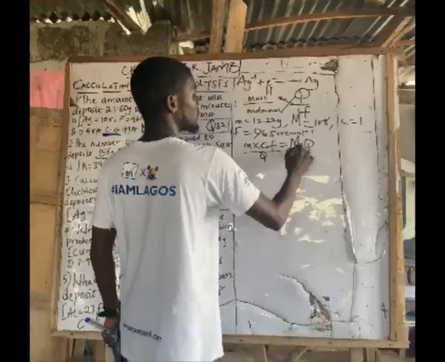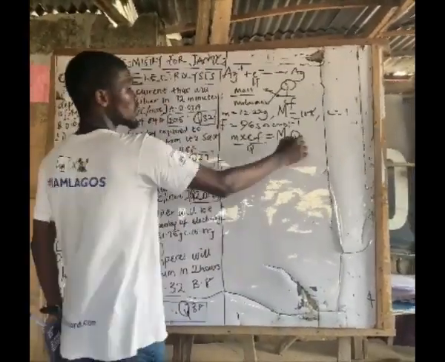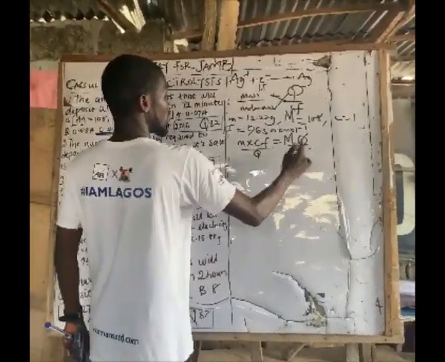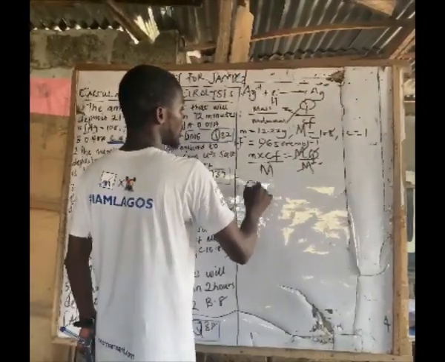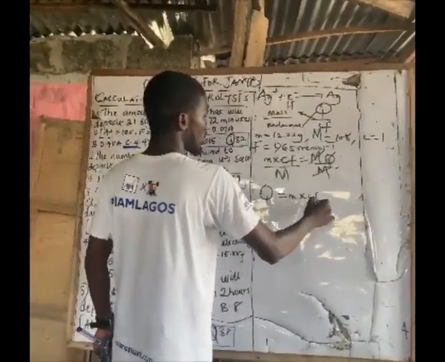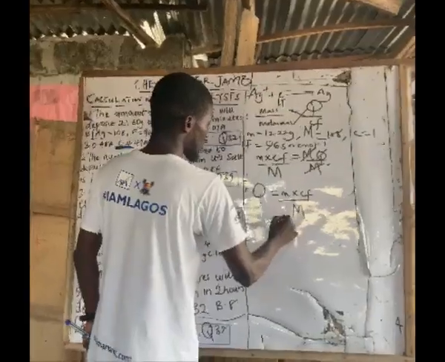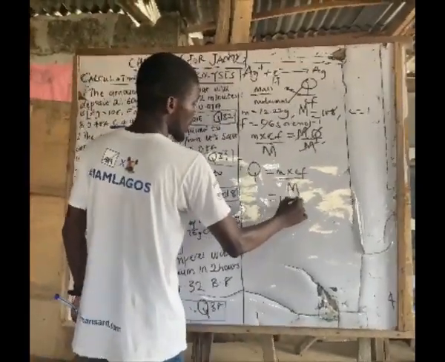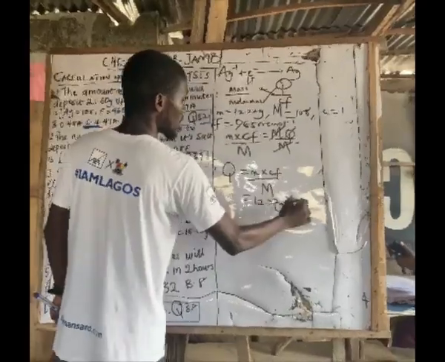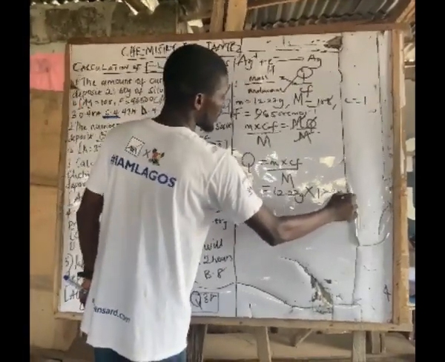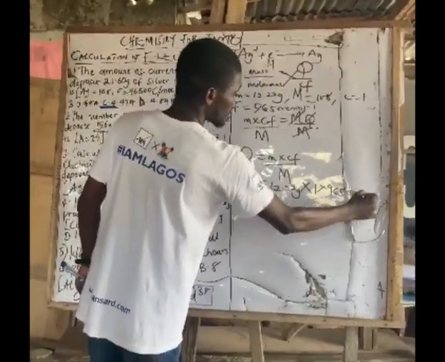So our Q is equal to m times C times F over molar mass. So our mass, we have 12.22 gram multiplied by our C, 1, times the Faraday constant.